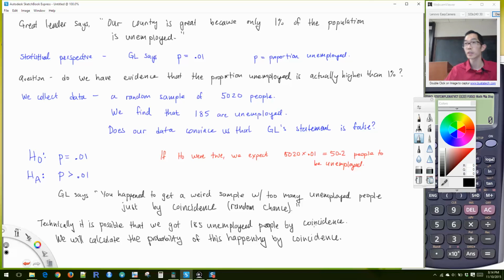Okay, and our gut tells us that the probability of it happening by coincidence is very low.